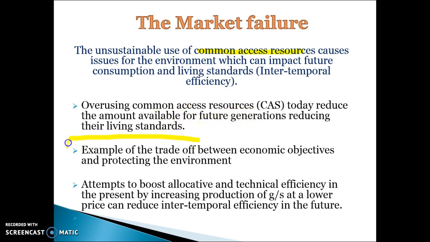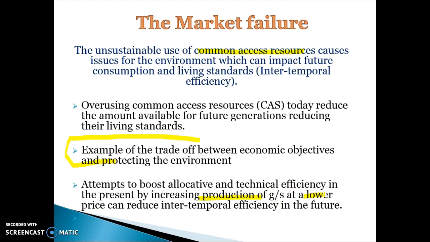It's also an example of the trade-off that can occur between promoting economic objectives and promoting the environment. For example, if we want to boost allocative efficiency by increasing our rate of production, firms are likely to increase their productivity by increasing their rate of mineral extraction or coal extraction. That can lead to lower prices and increased growth, but it can hurt intertemporal efficiency because it starts to deplete our resources.